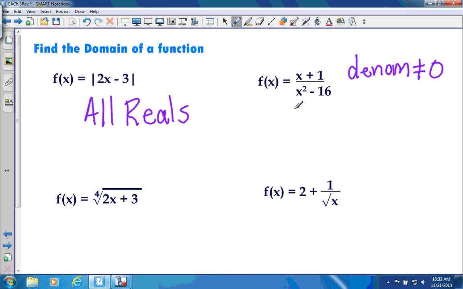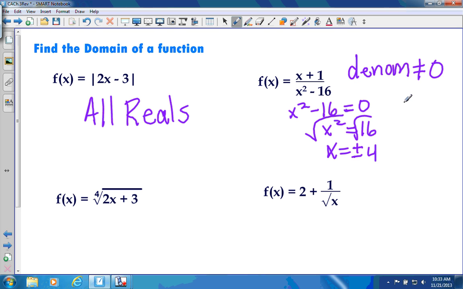So you have to take the denominator, set it equal to 0 and solve it, and you will get x squared equals 16, so then x equals plus and minus 4, because you take the square root of both sides.